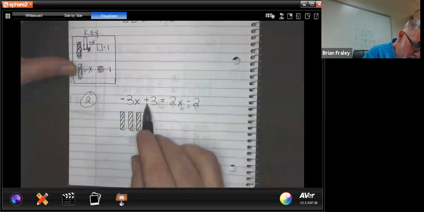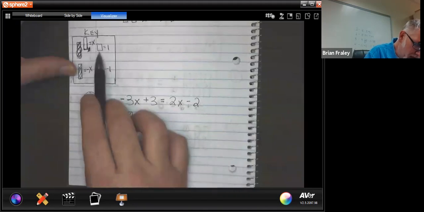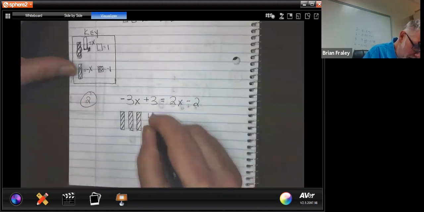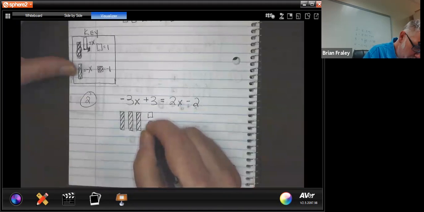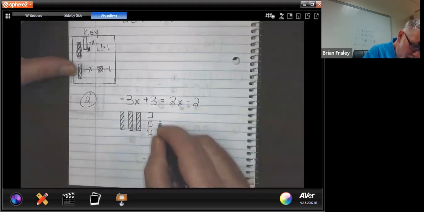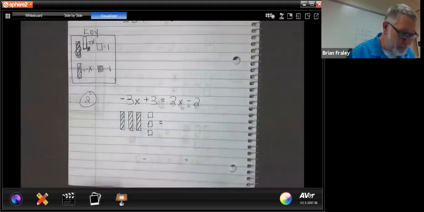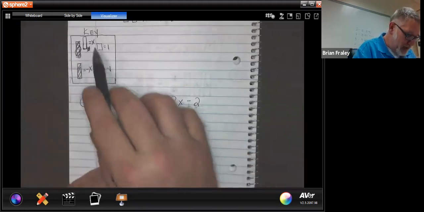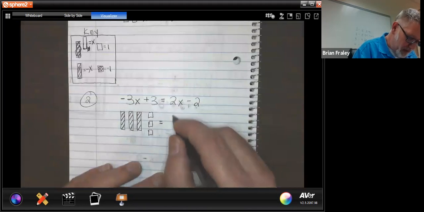If you want to get pretty, do it. And then I need +3, so 3 positives. 3 positive squares. Oop, that square got a little jacked up there. My bad. My artistic ability is fading on me. Now, I need 2 positive x's on this side, so 2 positive x's.